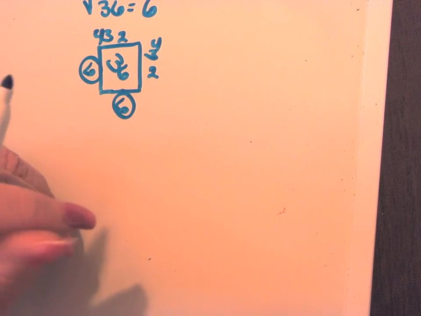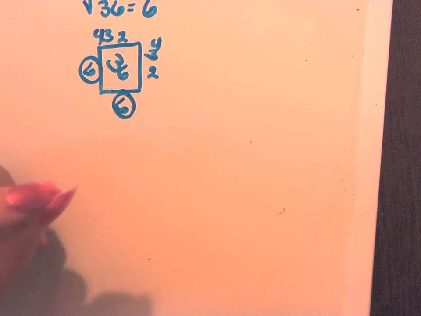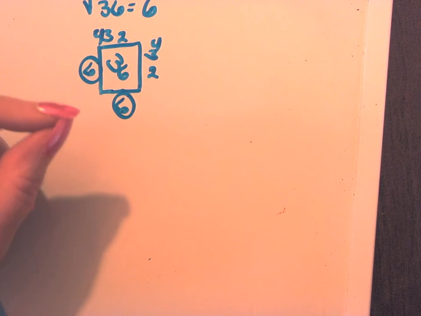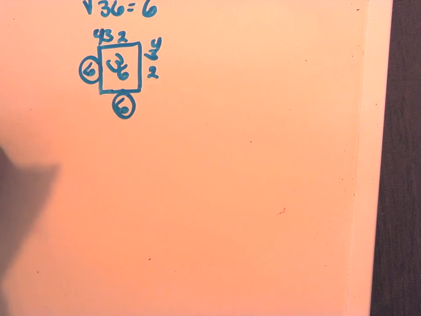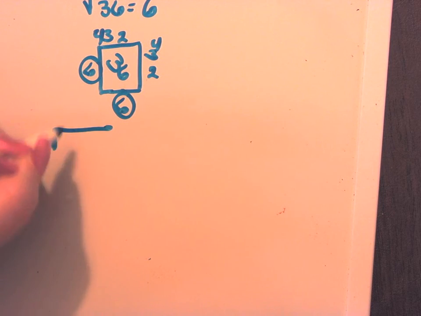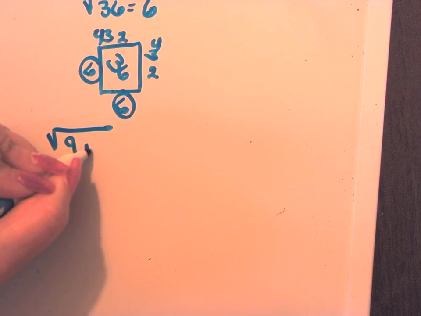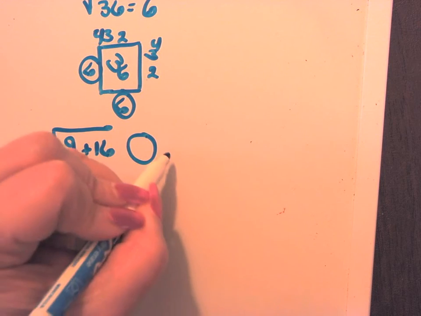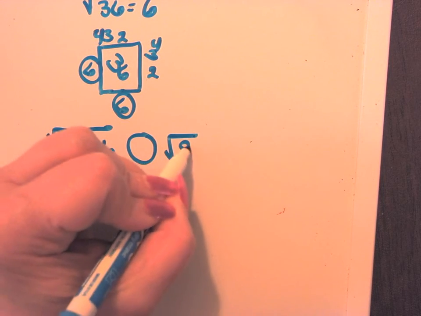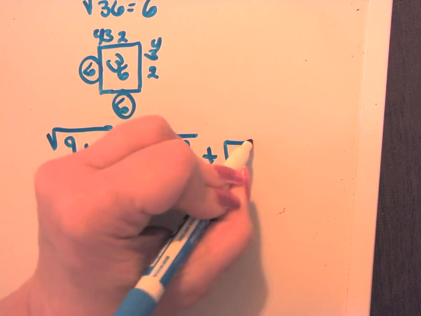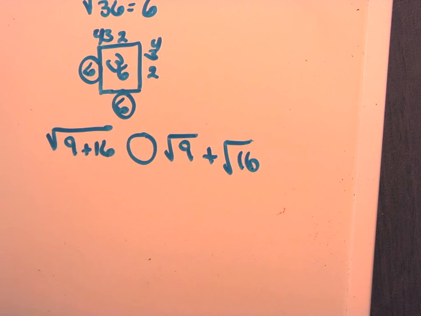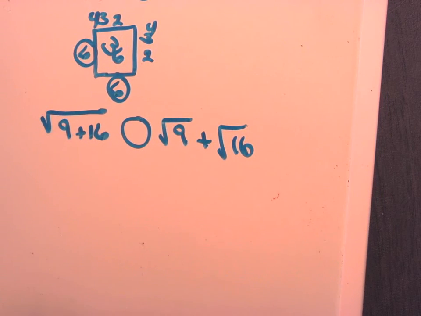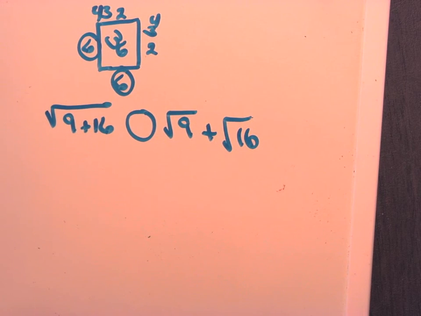Now I want to talk about example 7 on 507. It gives you the square root of 9 plus 16, greater than, less than, or equal to the square root of 9 plus the square root of 16. All right. Now, in math, there are some rules here.